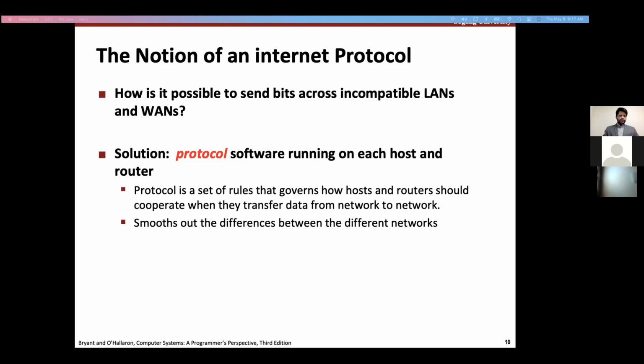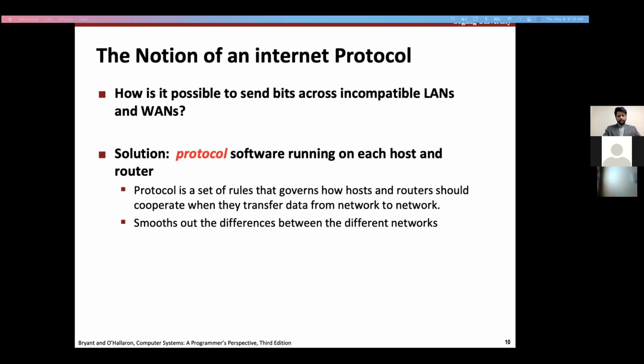The answer to this question is very simple: there's a layer of protocol software running on each host and router that smooths out the differences, and that governs how hosts and routers should cooperate when they transfer data from network to network. So this software implements a protocol that governs how hosts and routers cooperate in order to transfer the data.